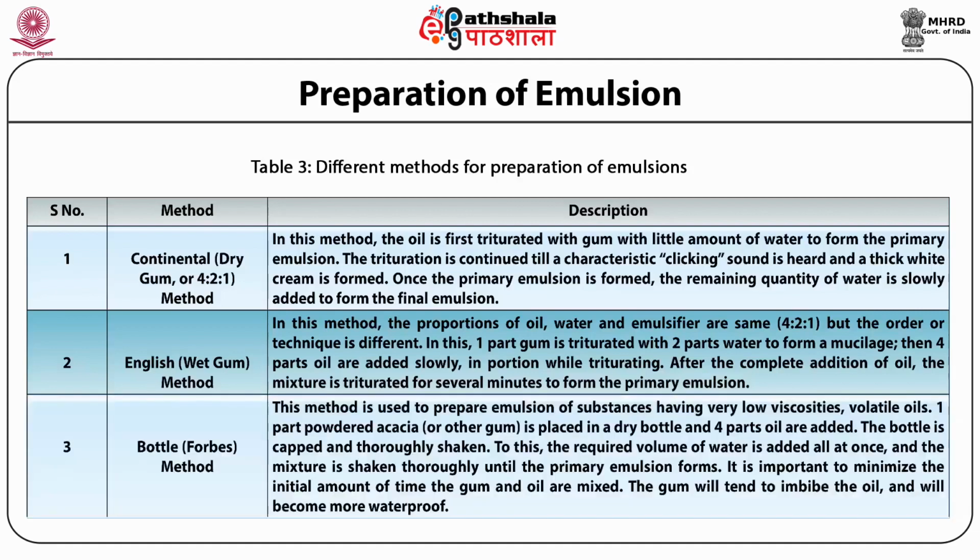The third method is the bottle or the forbes method. This method is widely used to prepare emulsions of substances having very low viscosities and containing volatile oils.